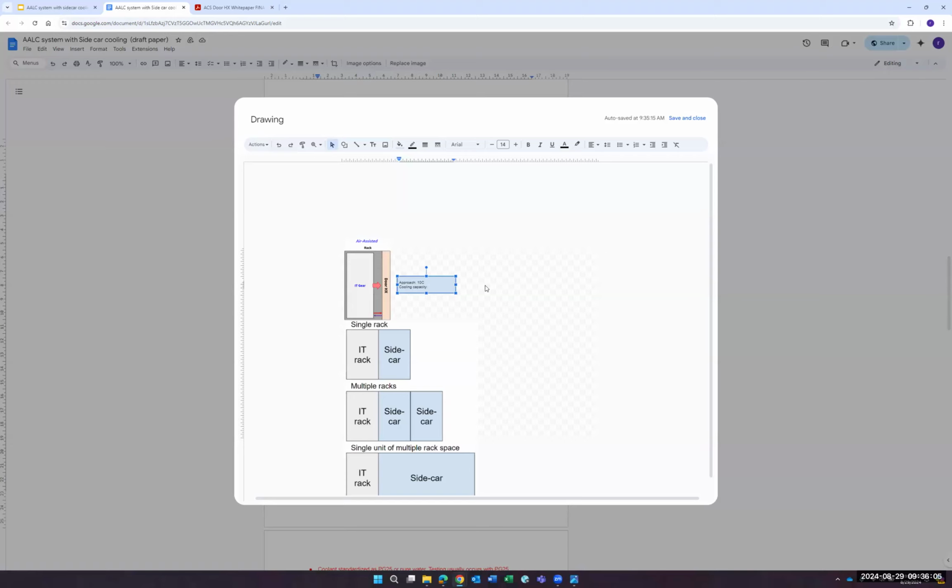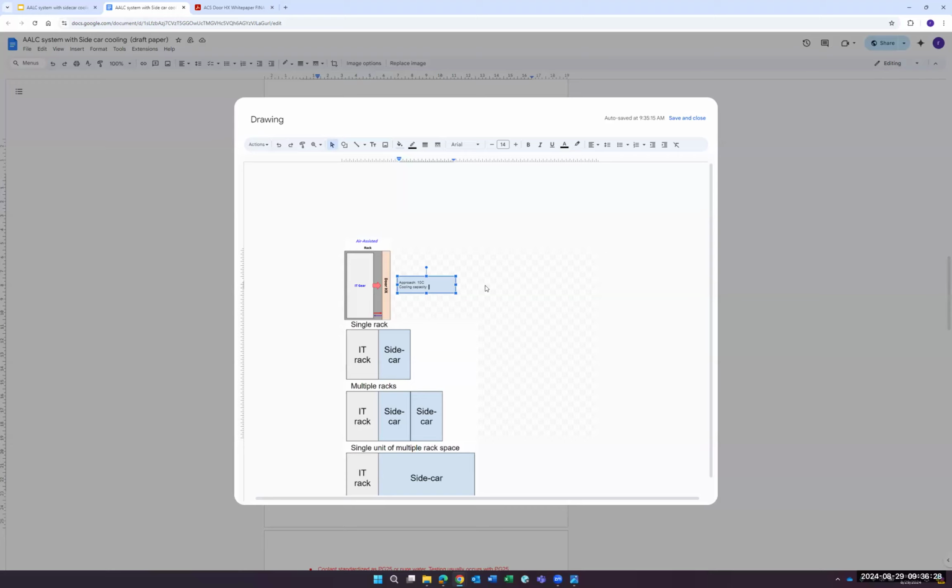Right. So for the approach temperature, you want to compare the temperature before the server to the temperature of the water. But in case of the rear door, the temperature of the air is increasing a little bit, maybe 3-5 Kelvin, because you have to cool down the servers as well.